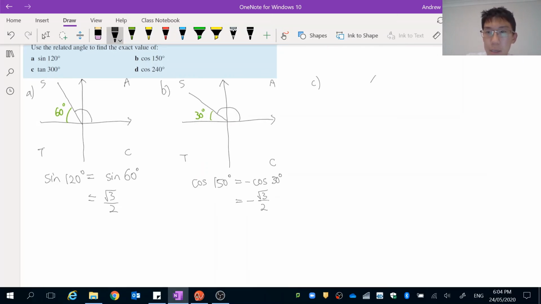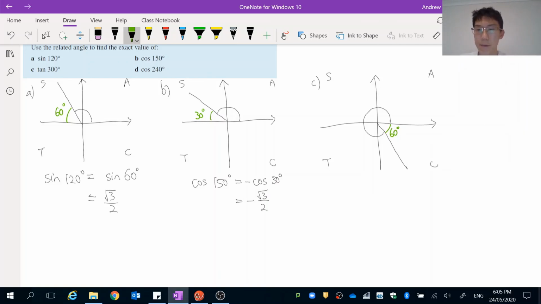Okay, tan 300. Let's try this. Let's locate 300. ASTC. 300 is all the way over here. If that's 300, then we have 60 degrees left to travel to get to where we started. So the related angle is 60.